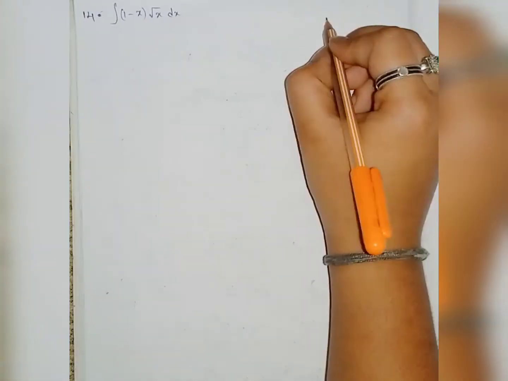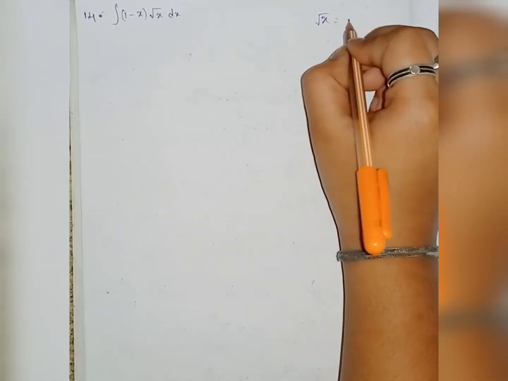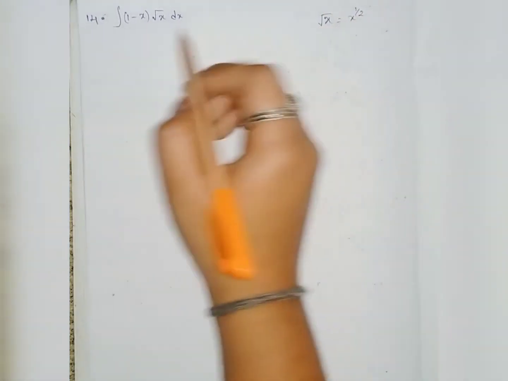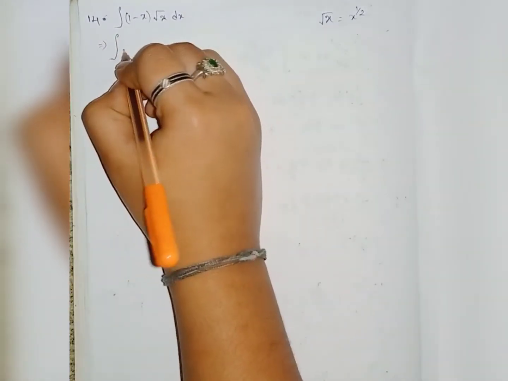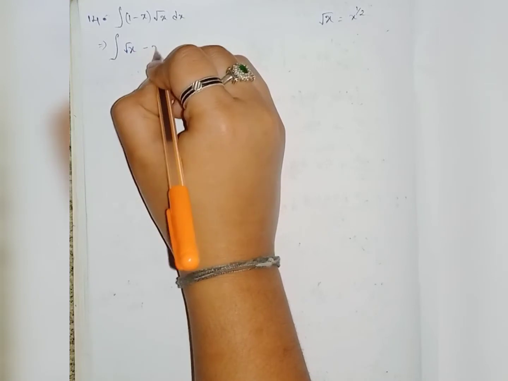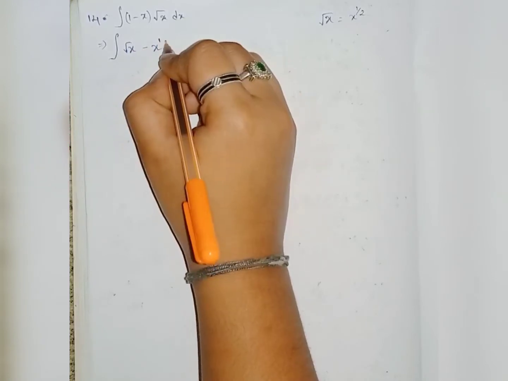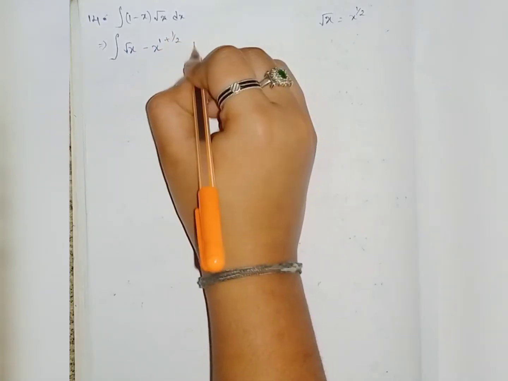Next, the 14th question is the integral of (1 minus x) root x dx. As I have told, the root x can be written as x to the power half. So we multiply this inside, where we get the integration of x to the power half minus x to the power 1 plus half dx.